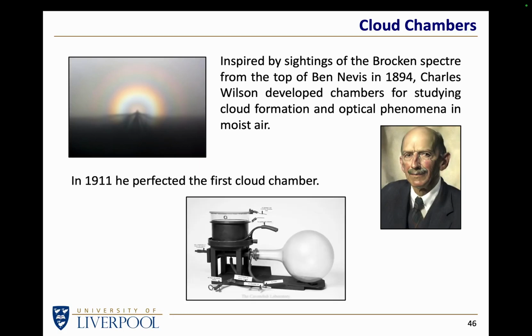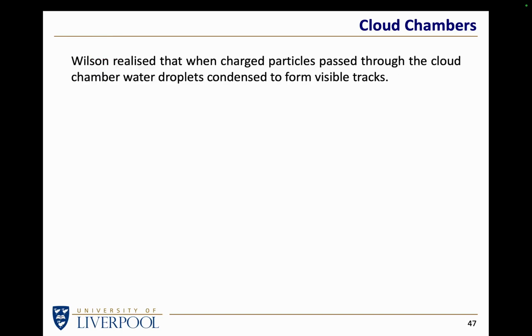And in 1911, he perfected a cloud chamber in which he tried to make water vapor condense into clouds in the way that allowed him to study things like the Brocken spectre. But it wasn't too long when he was building his cloud chamber, he realized, well, I can sort of make clouds, but every once in a while I keep getting these damn trails coming through. What's going on? And then he realized he was looking at charged particles that were leaving contrails through his cloud chamber.